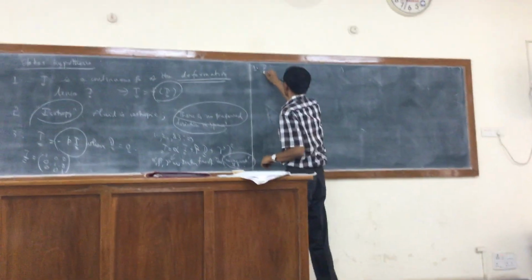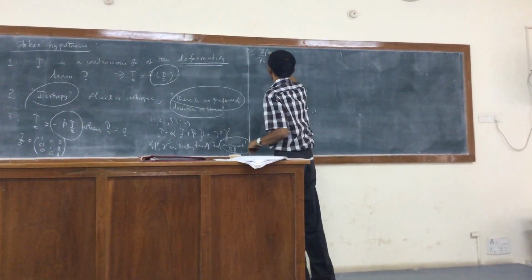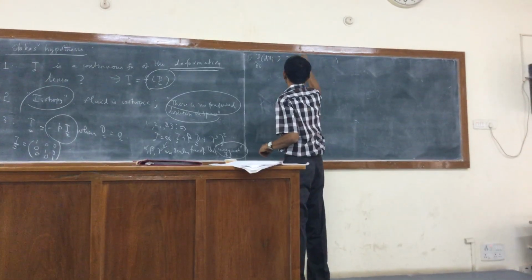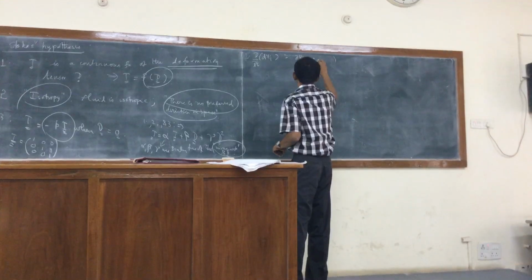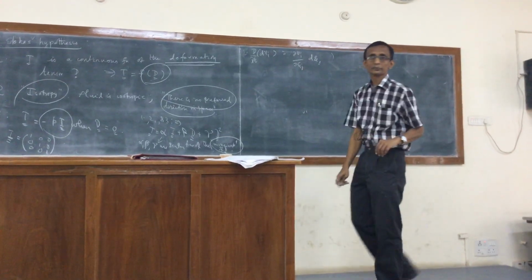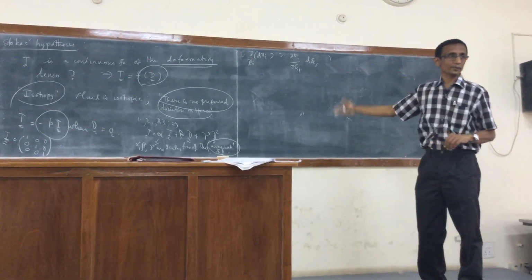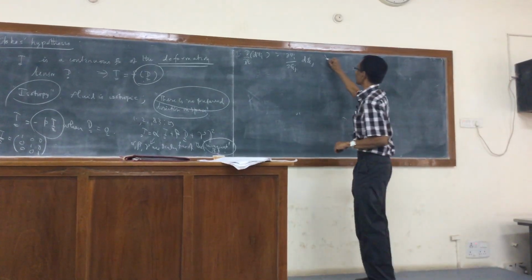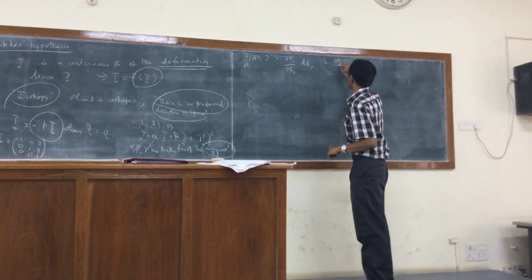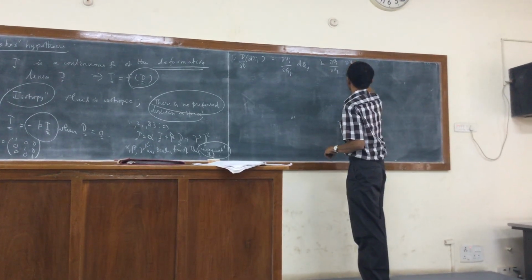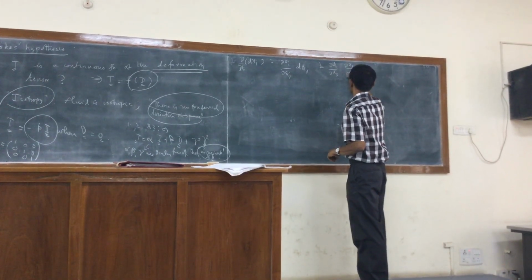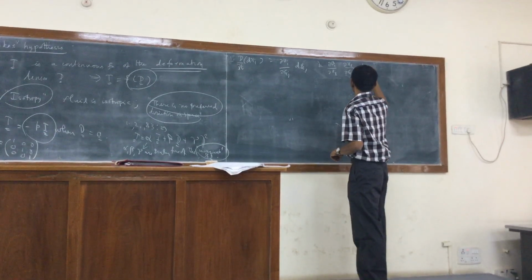So what I have is d by dt of dxi is equal to dvi by d psi j times d psi j. I've just transferred that result here. Now I will write this as dvi by dxl and dxl by d psi j times d psi j.